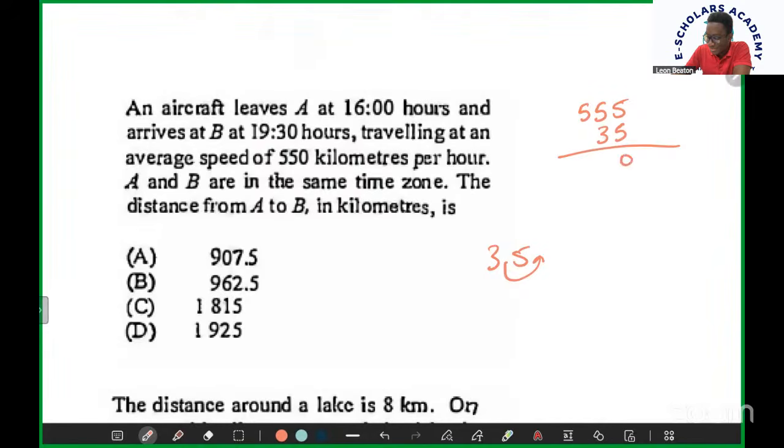Anyway, so 0 here, 3 5s are 15. Putting that 5 there, 3 5s are 15, and 1 is 16. This should be 550, careful, 550, not 555.